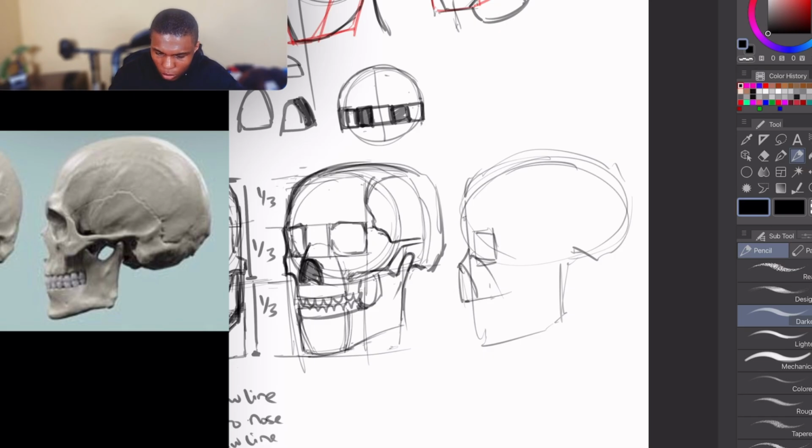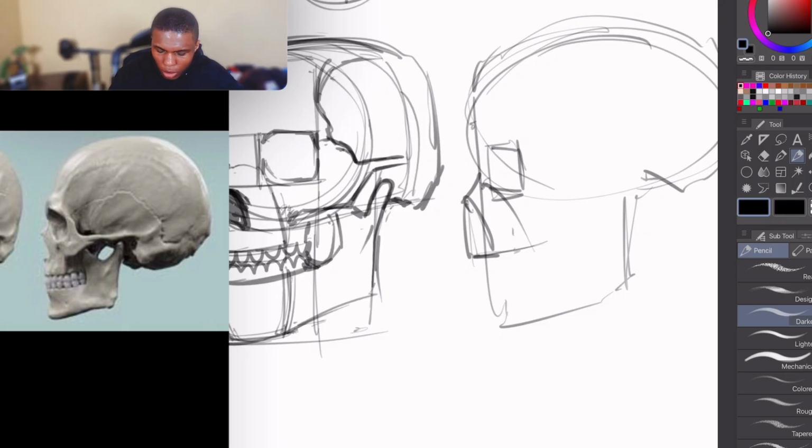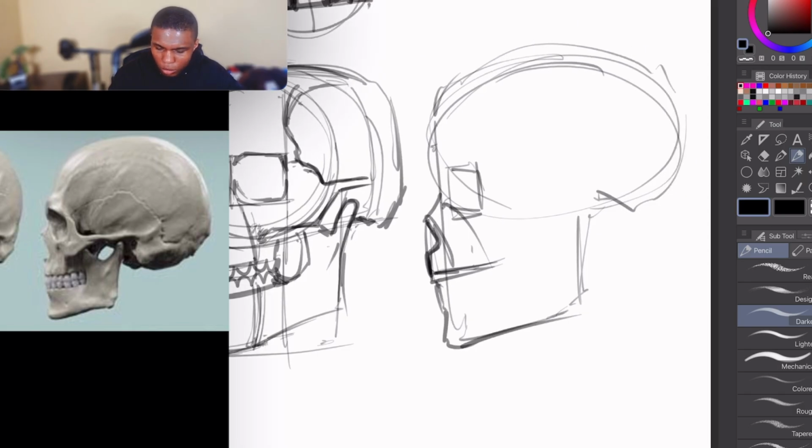Remember what I told you about the maxilla being 3D? So you could add that like that. And don't forget the zygomatic arc like this.